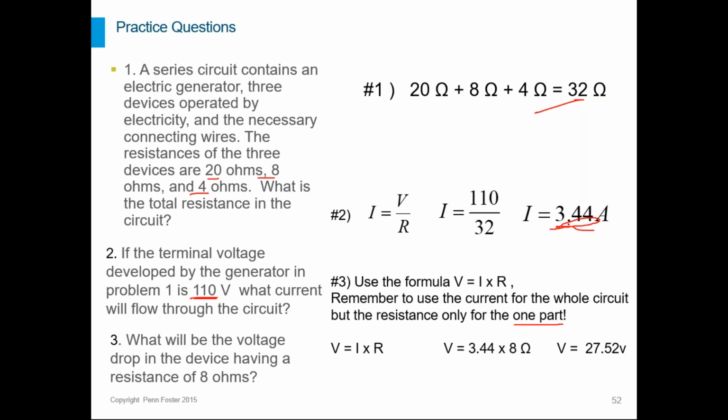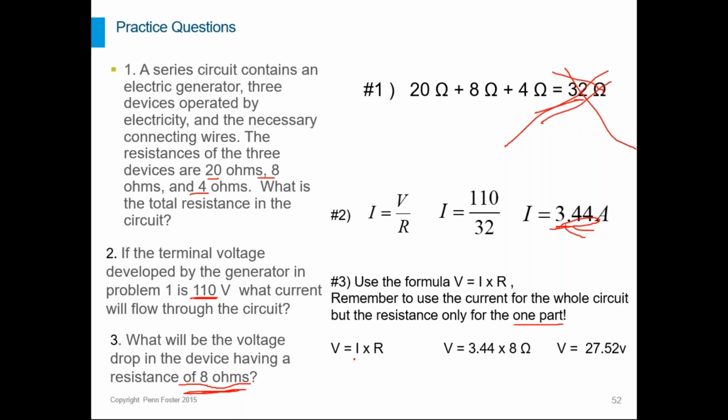Okay, so we have our current for the whole circuit, but we're talking about the voltage drop just across this device, 8 ohms. So we don't want to use the number that we found for the resistance of the whole circuit. We're not going to use that because we're not talking about the whole circuit. We're talking about how much the voltage drops just in that one spot.